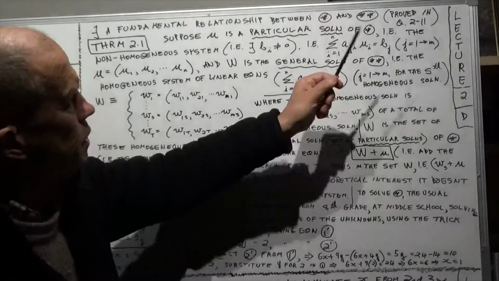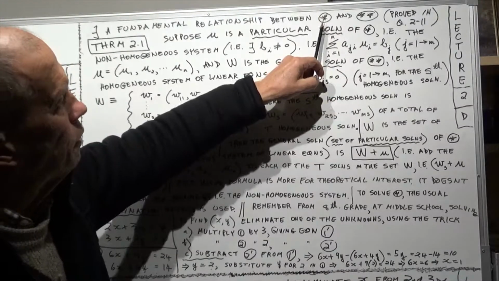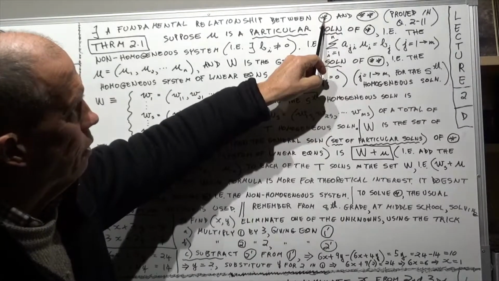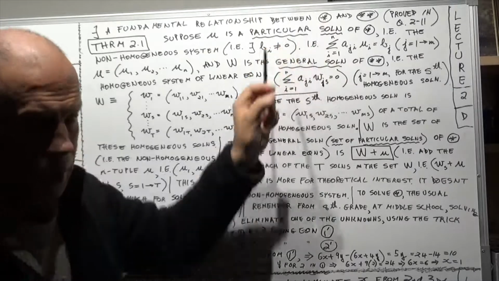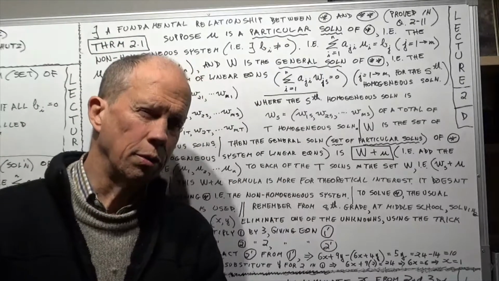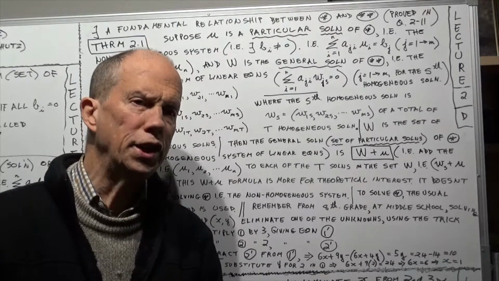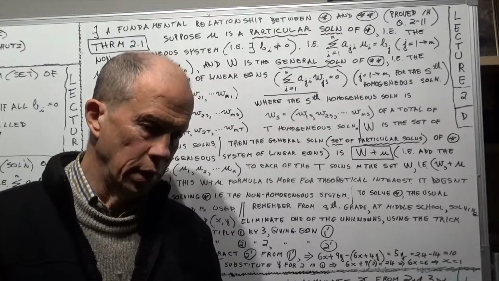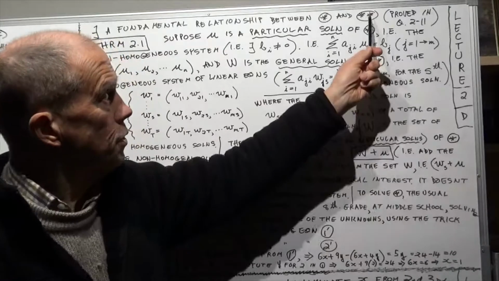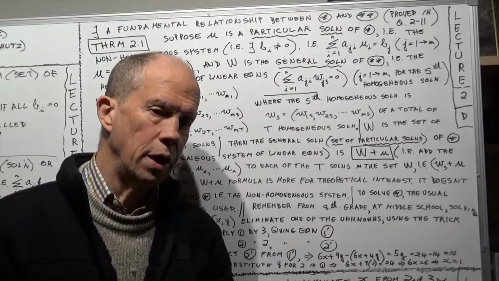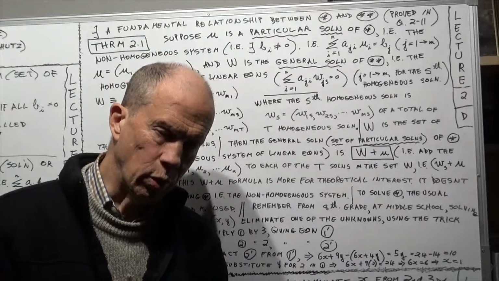From the previous session we had two systems, and the first was denoted by 1 asterisk, and that was a set of m linear equations, and the double asterisk was the set of m homogeneous equations.